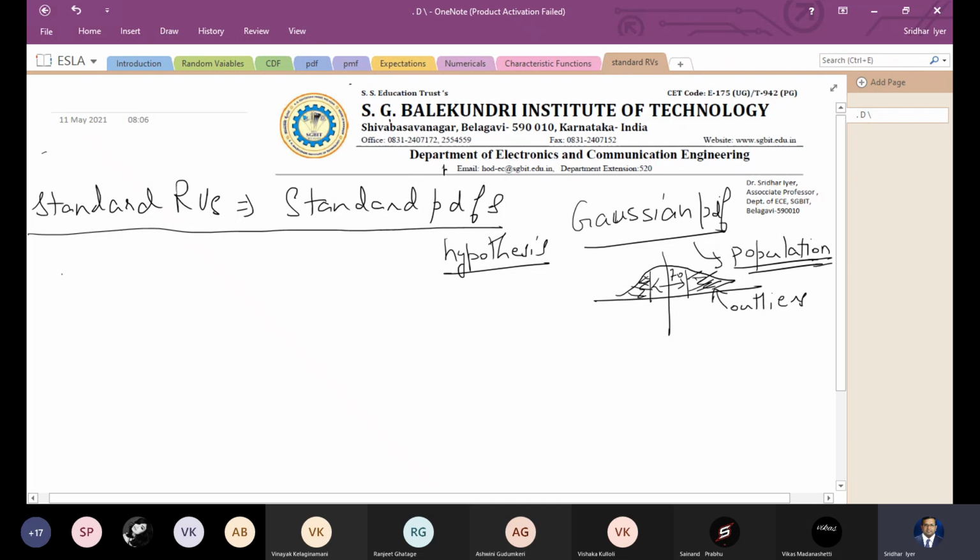Standard random variables. You will see that we have already used these random variables in the characteristic function, but I had not told you about those random variables. Now is the time to really know which are all these random variables. We'll start one by one. There are about 5 or 6 such random variables specified in your syllabus, but I'll be doing the most important ones, and I'll touch upon the other ones also.